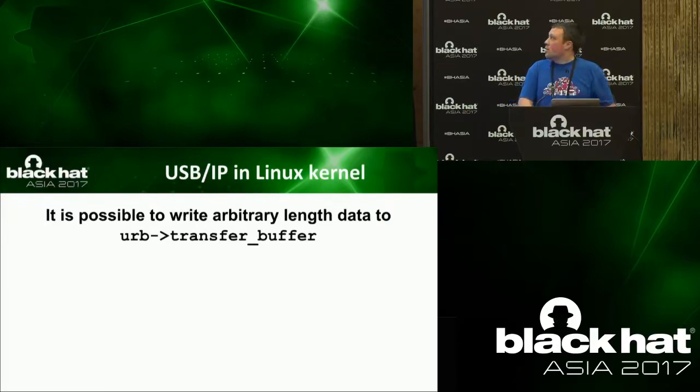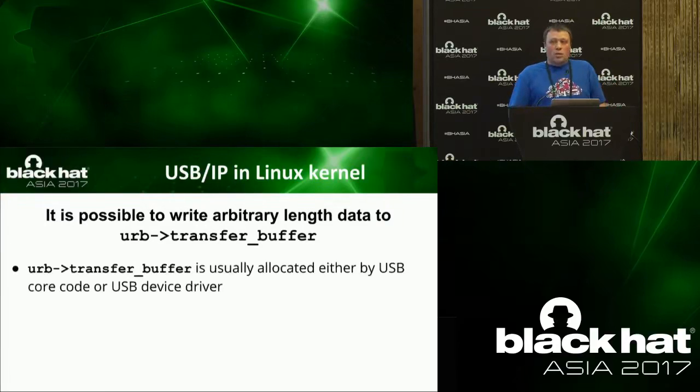But what is this URB transfer buffer? As I mentioned, it is part of the basic URB structure, and the transfer buffer is usually allocated by the kernel or device drivers. In most cases, it's allocated from the kernel heap. So as a result, this is a kernel heap exploit.